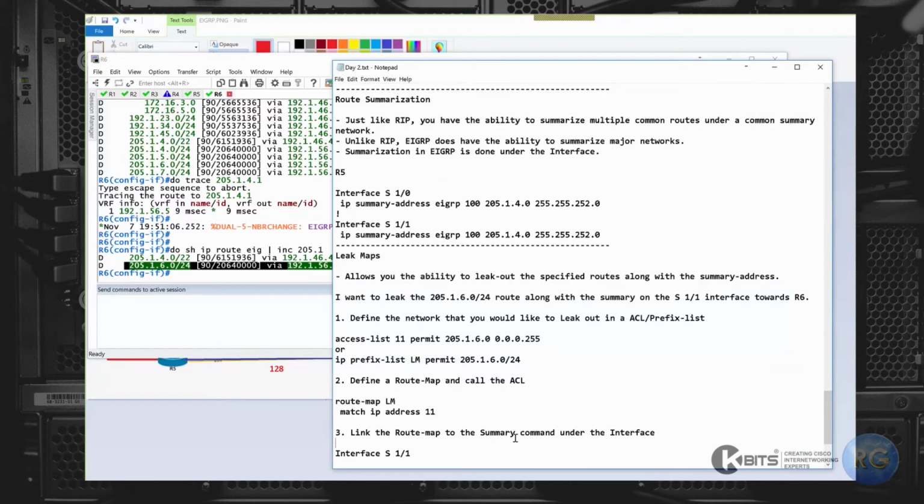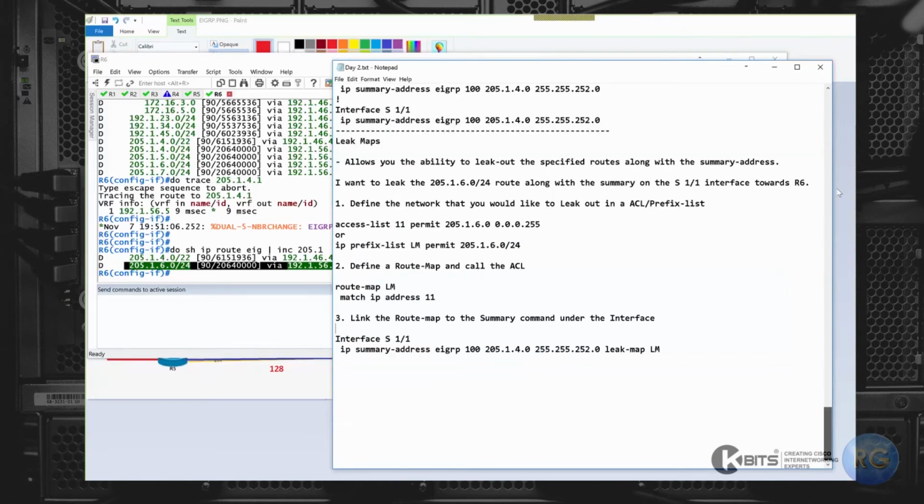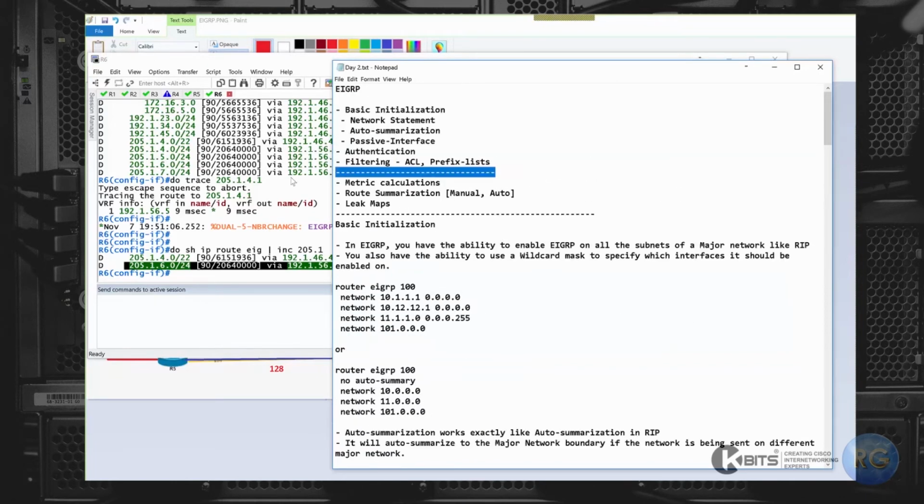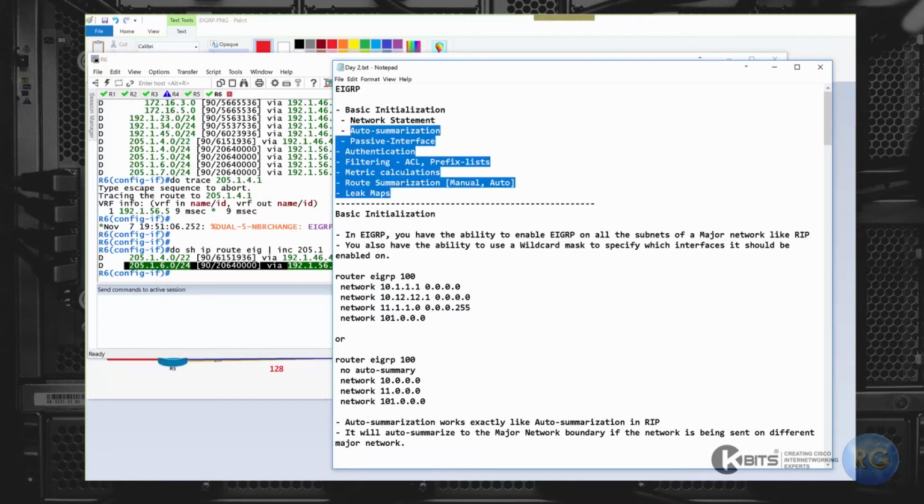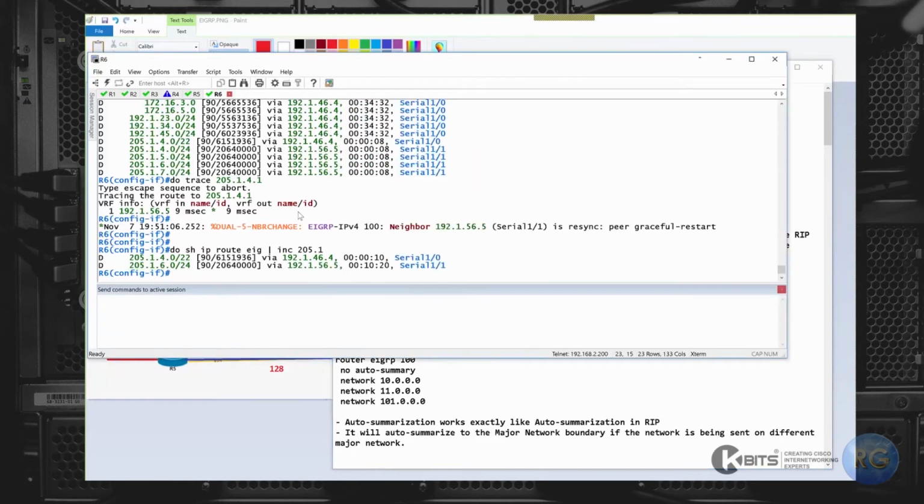All right, so let's see what we have to do. Hey, what do you know? EIGRP taken care of. I'll show you another thing for EIGRP, last thing, and then we'll be done with EIGRP.